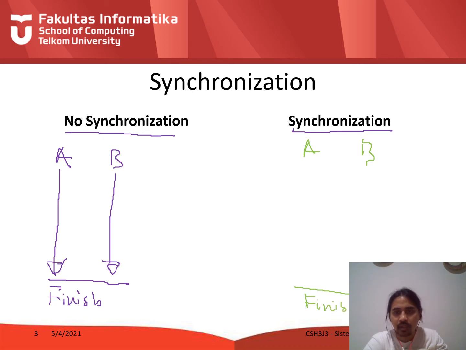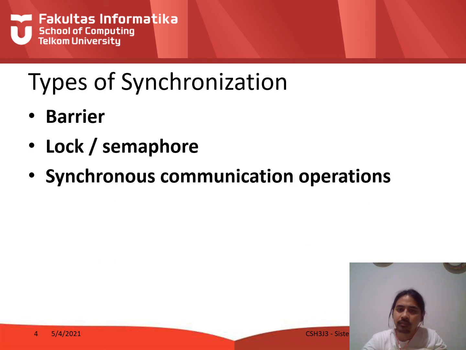For example, A at some point needs to wait for B. So A here holds their process until B reaches the same point. And when A and B have reached the same point, they continue their process until the finish. So more detail about synchronization.